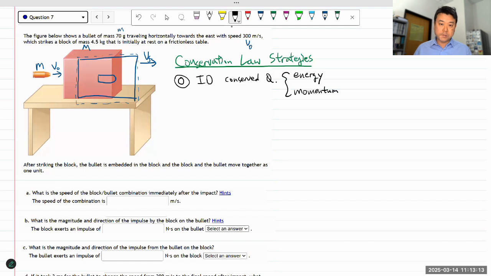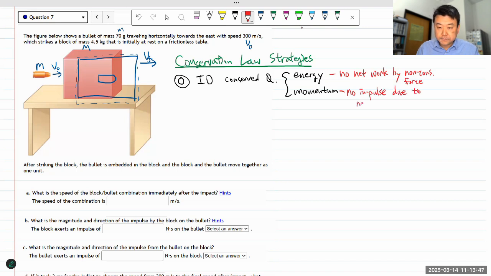In the lecture, you've been told the conditions necessary for conservation of energy and momentum. For energy, the condition you need is no net work by non-conservative force. And for momentum, the condition you need is no impulse due to external force, or I guess net external force.